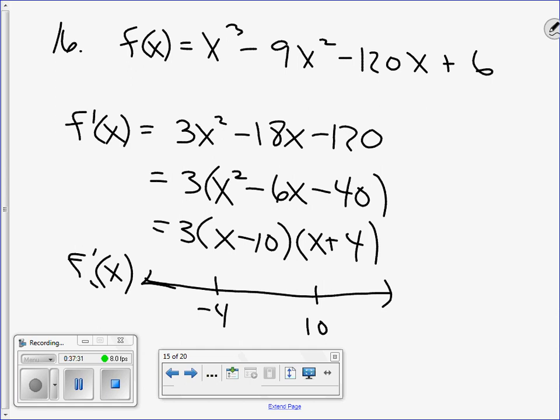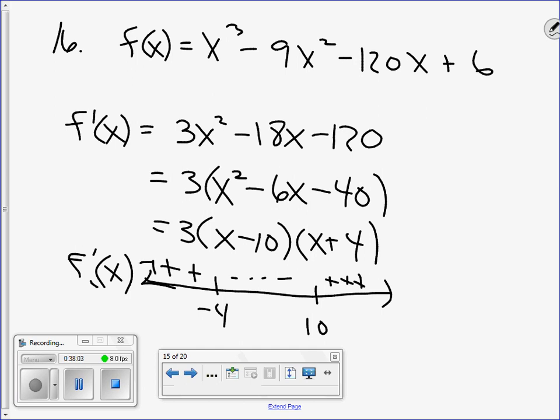But to get that sign, plug it into the first derivative, into the factored form. So everybody's going to be positive over here. All the factors are positive for those x's. A number between -4 and 10, such as 0, negative. A number like -5, it's going to be positive because it's negative, negative.